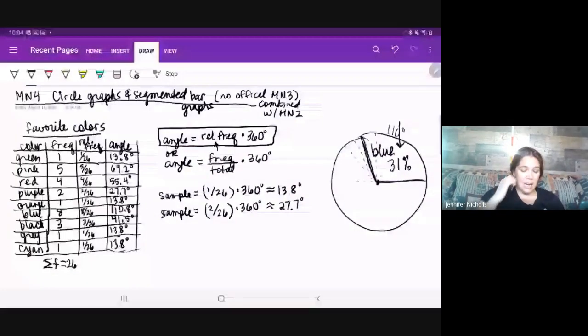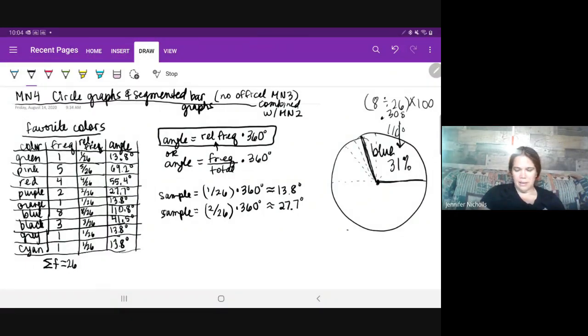Yes, I did 8 over 26. So I did 8 divided by 26 on my calculator, and then I multiplied it by 100 or moved it over 2 spaces. So 8 divided by 26 was, let's see, 0.308. So I just kind of made that 0.31, and then I wrote 31%. That's actually a percent.